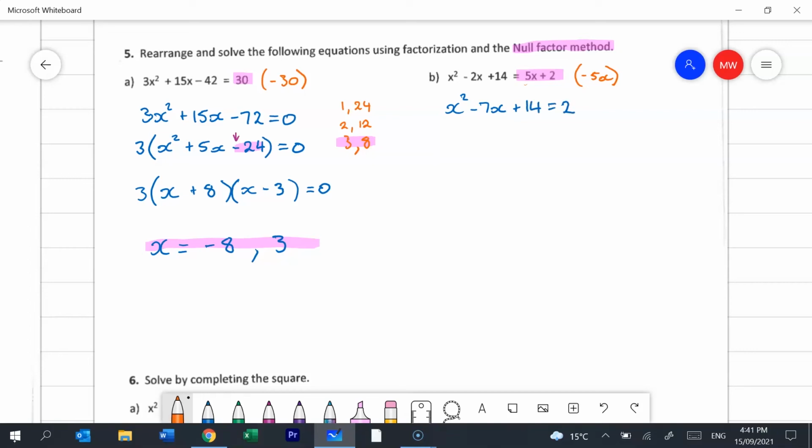Let's get rid of the 2, it's positive, so let's take 2 from both sides. I'll be left with x squared minus 7x plus 12 equals nothing.